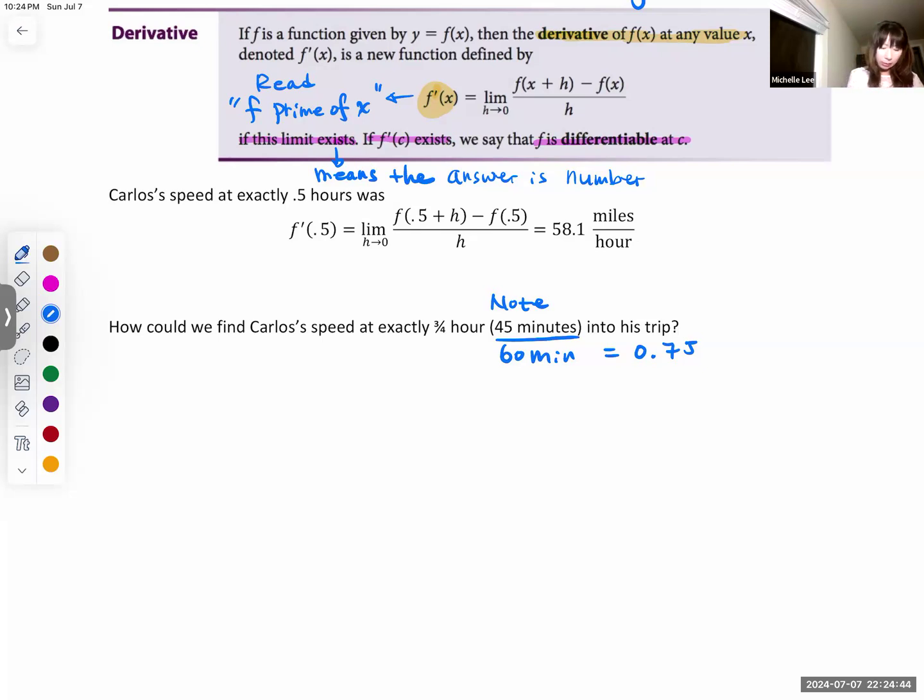So that means we look for instantaneous speed.